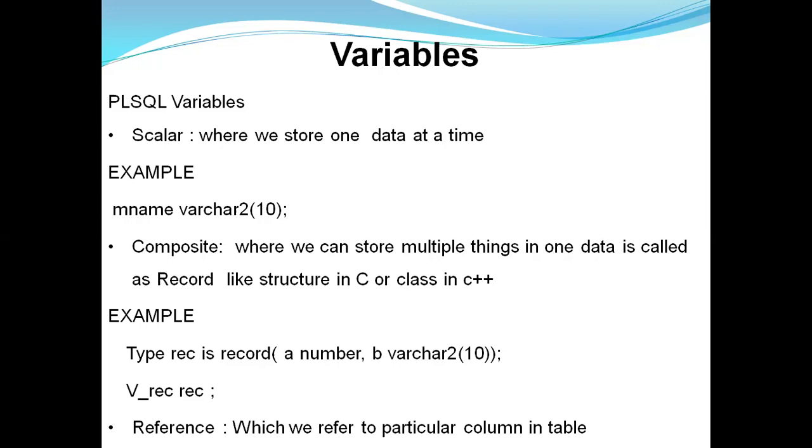Now, if you want to use a scalar variable, we have already taken an example and seen that you simply declare that variable in the declaration part and store a single value. But for a composite variable, you have to define a structure, because it can store more than one value, but what type those values are has to be decided.